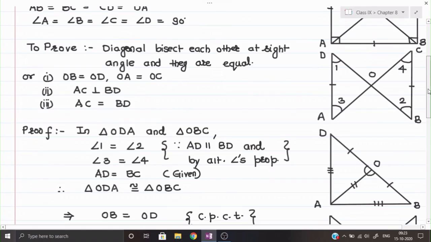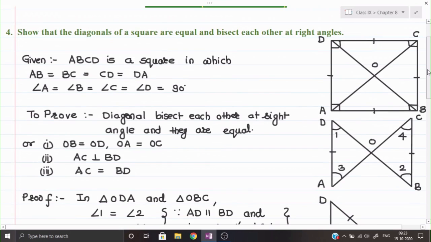If I show you the main figure, observe it carefully. Angle AOB, this one, is becoming 90 degrees now.